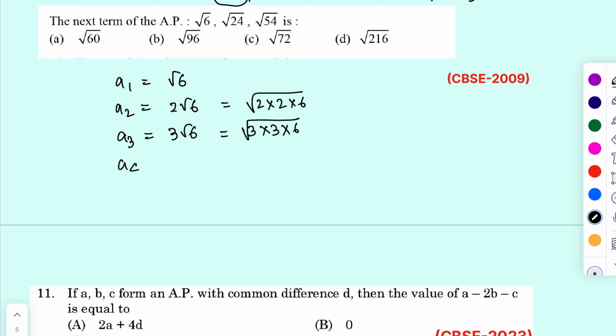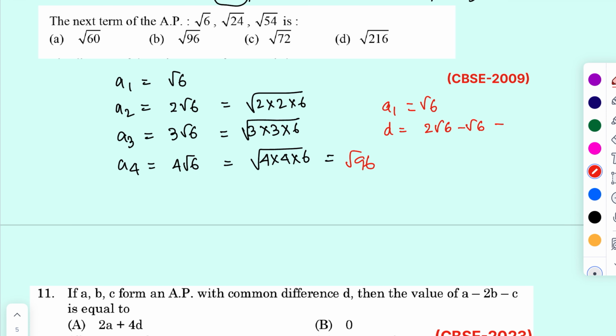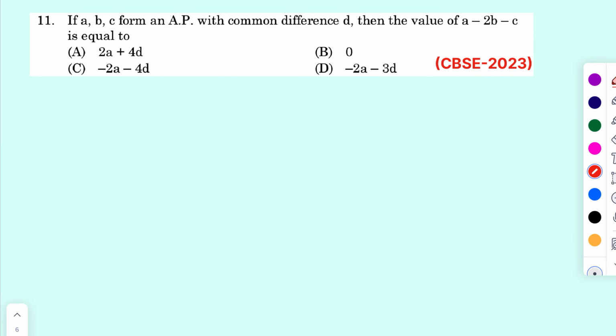Its square root will come. Next, a4 will be equal to 4 into root 6. So this will be equal to 4 into 6, that is square root of 96. Here a1 is equal to root 6 and d is equal to 2 into root 6 minus root 6, that is equal to root 6. So that means you go on adding root 6 for getting the next term. a3 is 3 into root 6, so a4 will be equal to 3 into root 6 plus root 6. So this is equal to 4 into root 6.